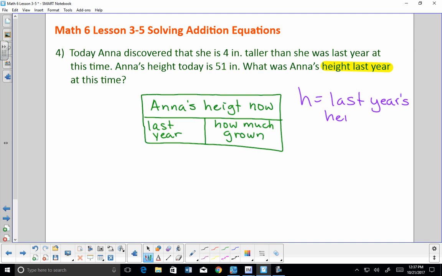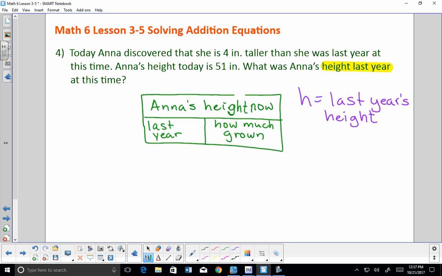Okay. It says Anna's height now. Oh, I didn't spell that right, did I? Let's fix that. H-E-I-G-H-T. There we go. Anna's height now is equal to last year's height plus how much she's grown. So Anna's height now, her height today is 51 inches.